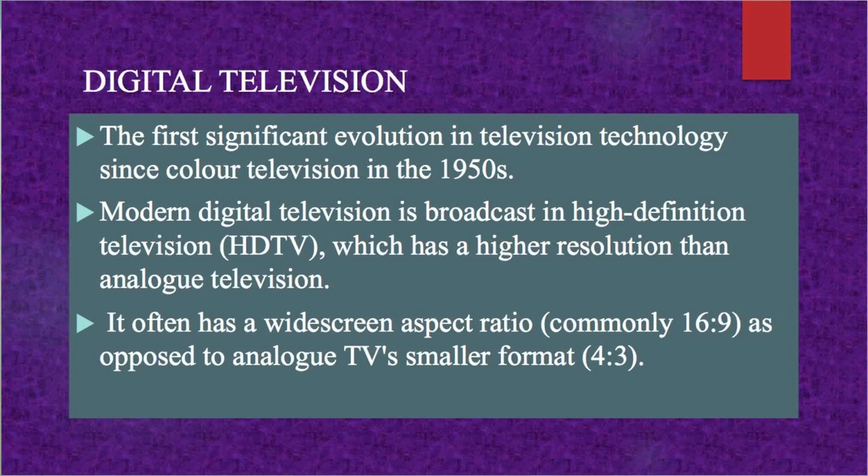Modern digital television is broadcast in high definition television, which is called HDTV, and which has a higher resolution than any analog television. It often has a widescreen aspect ratio, commonly 16:9, as opposed to analog TV, which has a smaller format of 4:3. Now let us discuss some advantages of having CRT monitors.